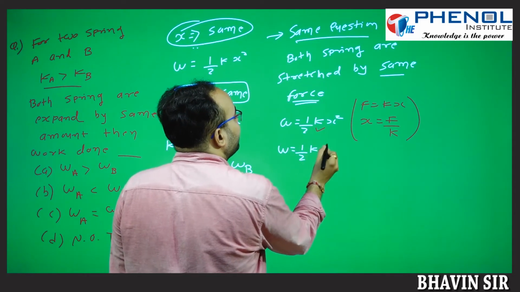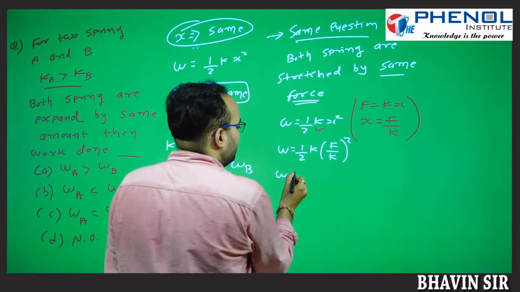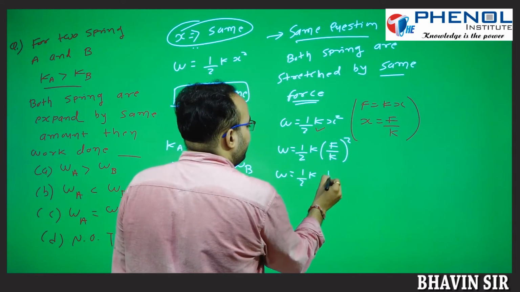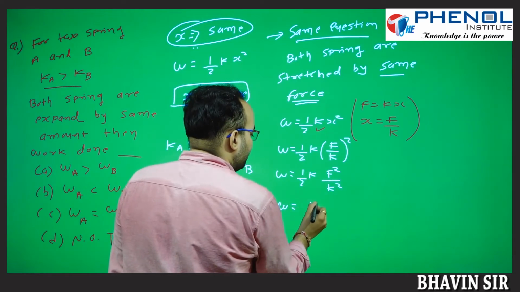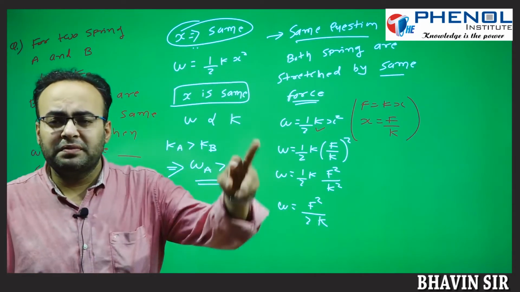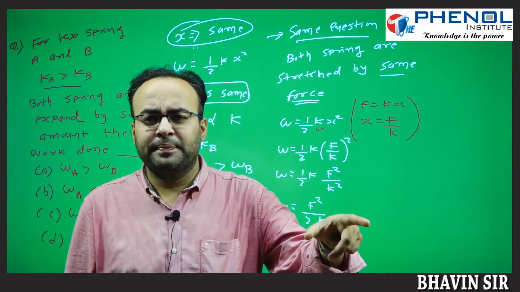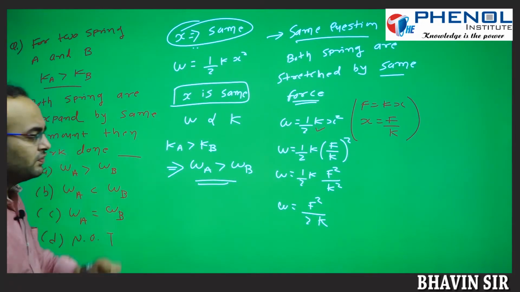So half k, here we write F by k. So half k F square by k square. So F square by 2k. So students, see here force is the same.